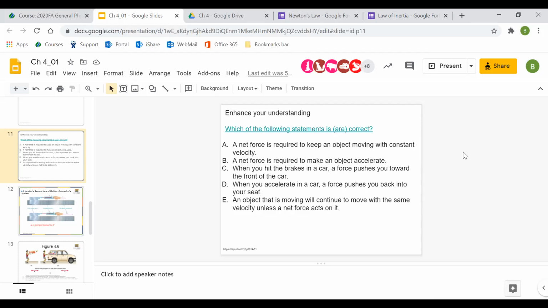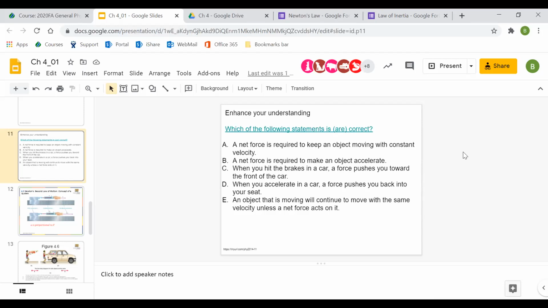It's just your perception: your body keeps its original velocity going forward, but the car slows down, so your body leans forward. You feel you are being pushed forward, but actually there's nothing pushing on you. So there's no real force on you. That's just a perception. This is not correct. Physically, there's nobody or nothing pushing on you.